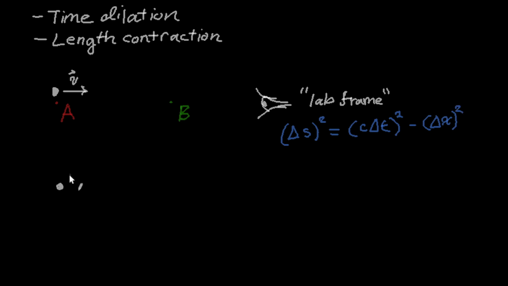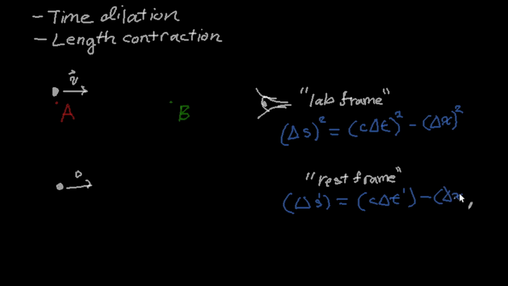We can also analyze these events in the so-called rest frame, where we're effectively sitting on top of the particle and the apparent velocity we measure is 0. We can find another delta s prime squared equals c delta t prime squared minus delta x prime squared. But since we're effectively sitting on top of the particle, we're not really moving with respect to it, so any delta x prime in the particle frame will drop out.